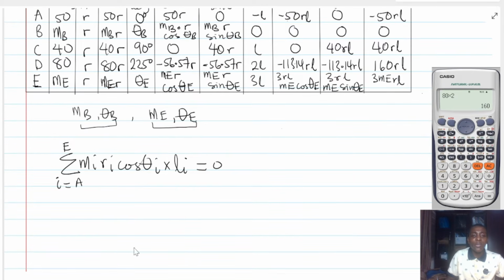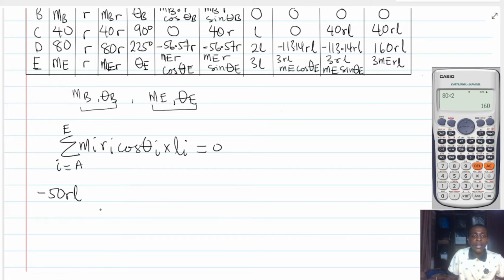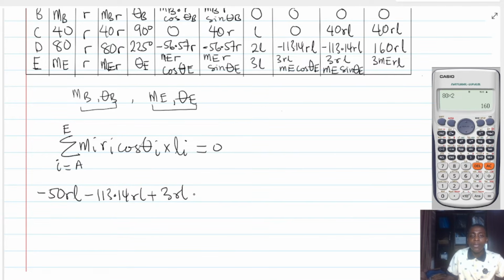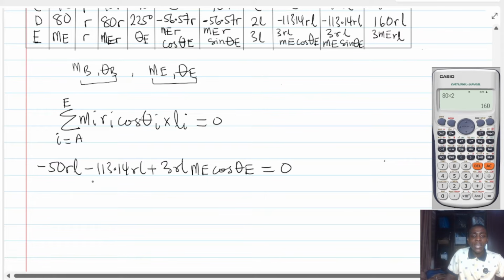Now, when I do that, I'm going to get minus 50 RL and then minus 113.14 RL and then plus 3 RL ME cosine theta E. And this should be equal to 0. Is that right? Now, after this point, you realize that RL is common to all of them.